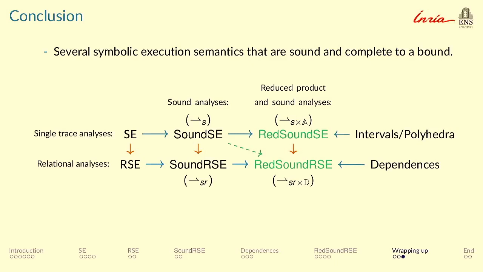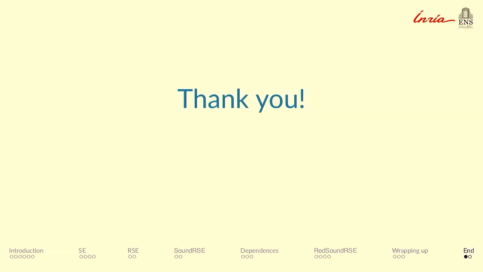The last thing is that we have an artifact we've submitted to VMCAI. The idea is that you can mix all the semantics in a very nice way. You can use the normal sound symbolic execution, or the symbolic execution with the dependencies, or you can use the non-relational symbolic execution with intervals on top of the relational symbolic execution without dependencies. If you try the artifact, you can do this. So that's it. Thank you.